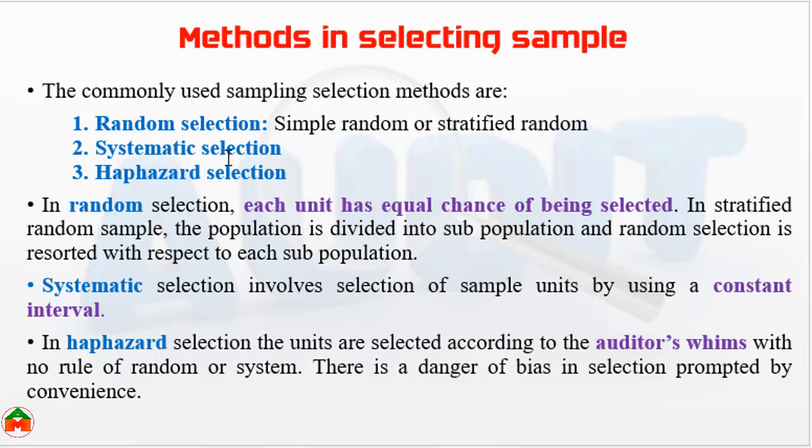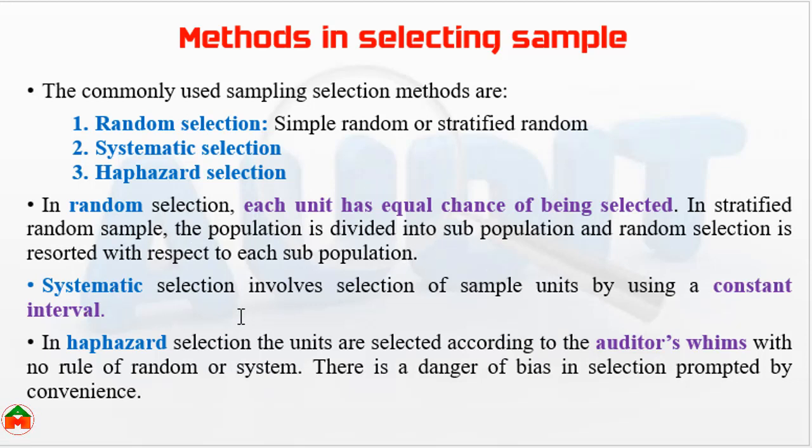That means in simple random selection, each transaction or each account from the population has the equal chance of being selected by the auditor. In stratified random sampling, the population is divided into sub-population, and after that random selection is applied to select the items or transactions or accounts.